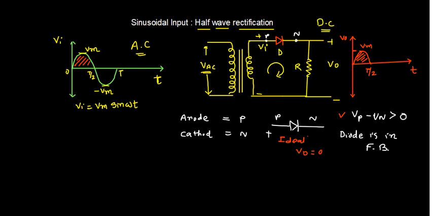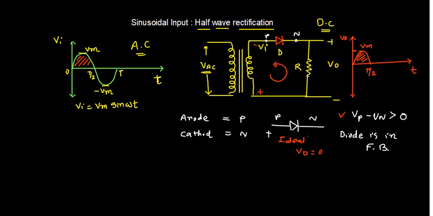What will happen for the negative half cycle? You can see over here, for this part of the waveform, when we consider the negative half cycle, the current polarity will be different, plus over here, minus over here. Current will move like this way.